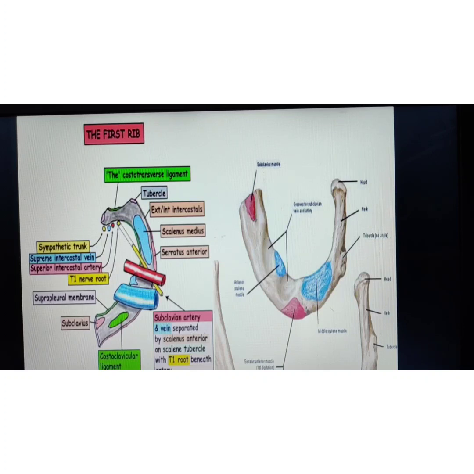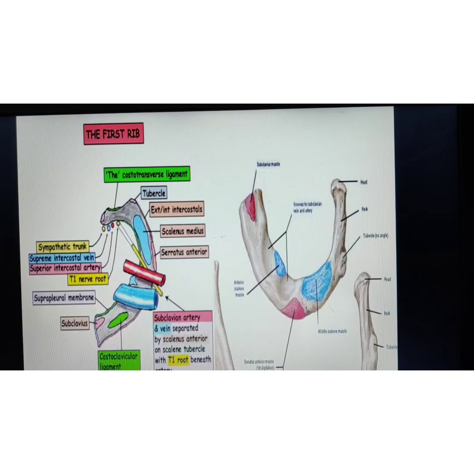The suprapleural membrane or the Simpson's fascia, as you can see here, is attached to the inner border of the first rib. In detail, we will be studying the suprapleural membrane in further classes, but for the time being, remember that the suprapleural membrane is attached to the inner border of the first rib. It is also known as the Simpson's fascia.